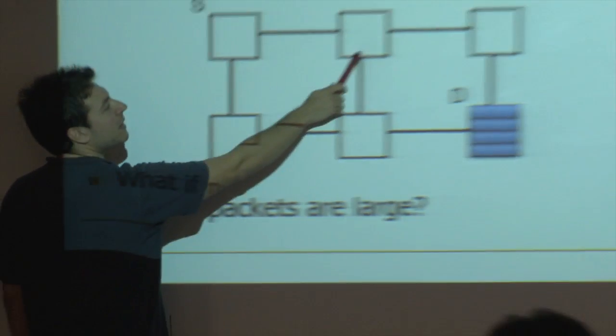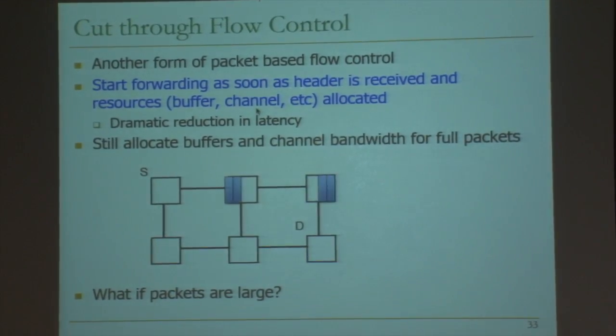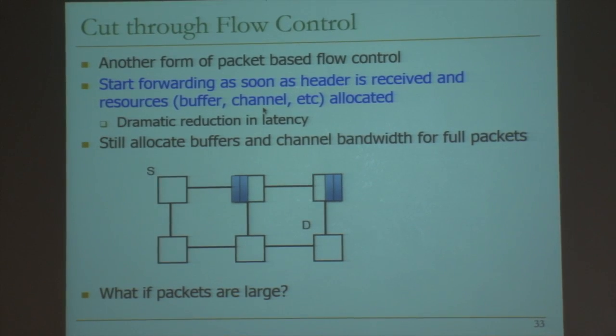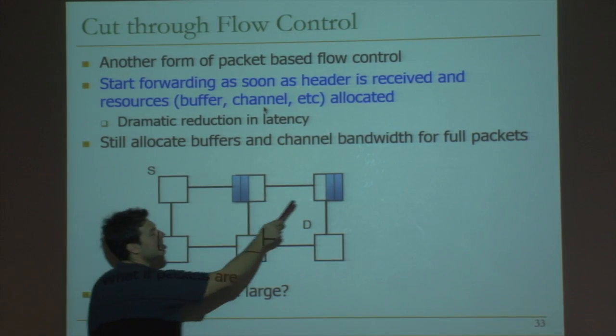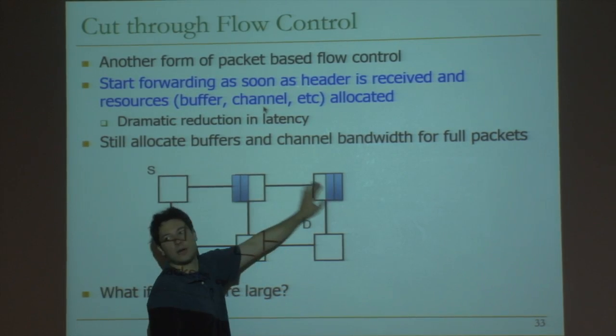So let's say you start transmitting. And actually, I'll go back to the animation. And I'm stuck in this state. If I didn't check beforehand that this guy has enough buffer space, I would not be able to drain this into him.